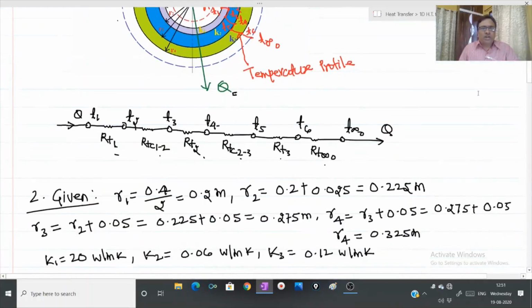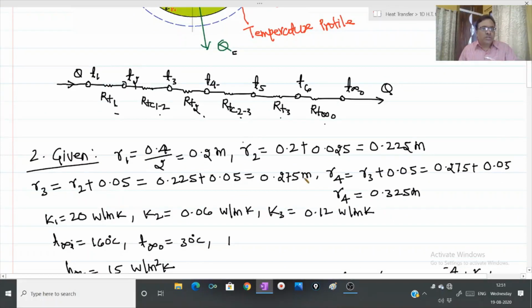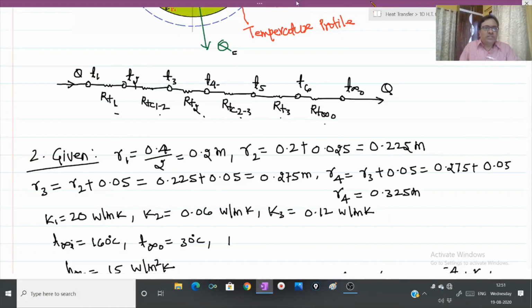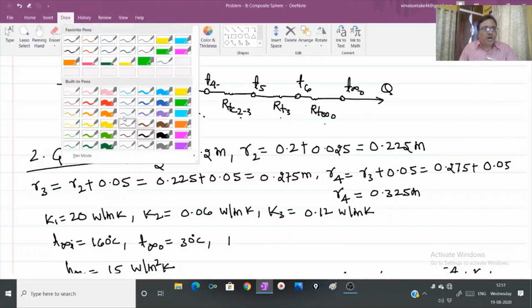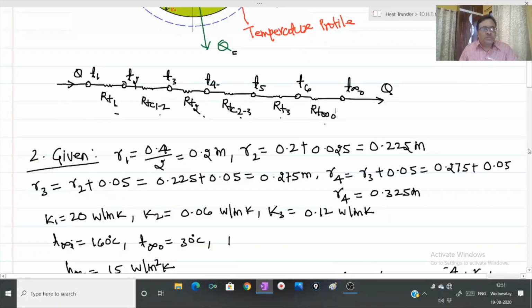Let us enlist all the given things. The first parameter given is the inner diameter of the spherical vessel as 0.4 meter, so the inner radius will be 0.2 meter.